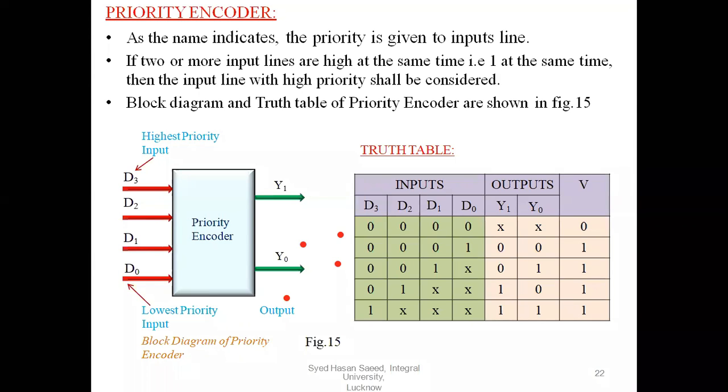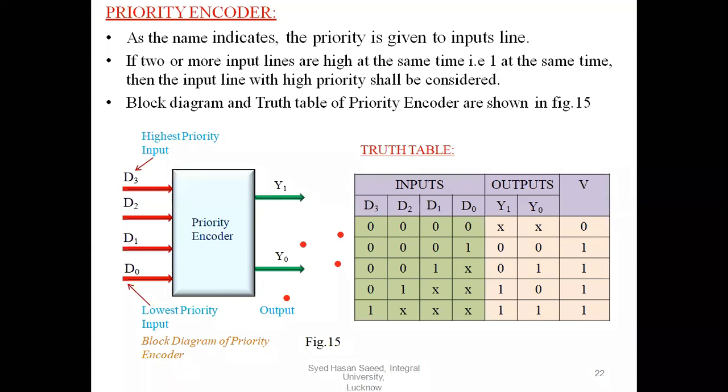So if 2 or more input lines are high, that is 1, at the same time, then the input line with higher priority shall be considered.